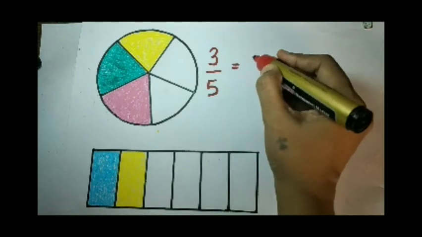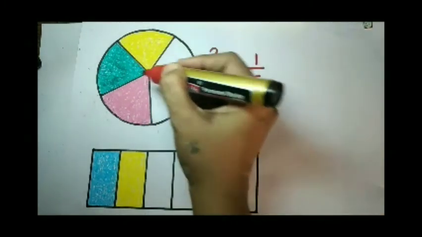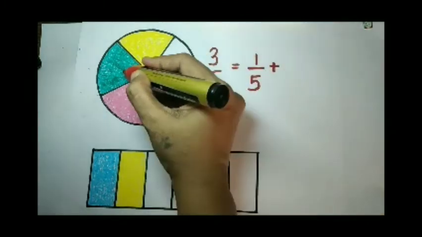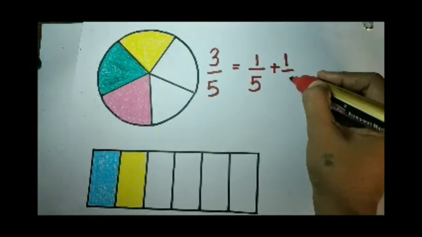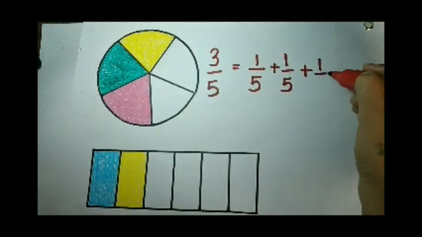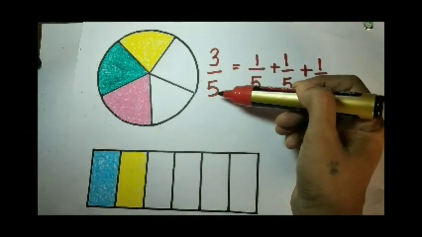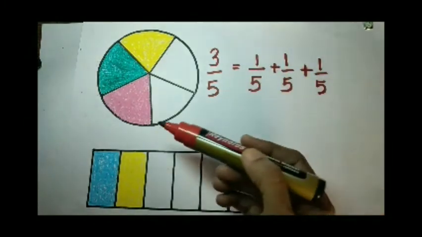Now we are going to take each part, that is 1 upon 5, plus 1 upon 5 plus 1 upon 5. So 1 upon 5 taken 3 times will give me the fraction 3 upon 5.